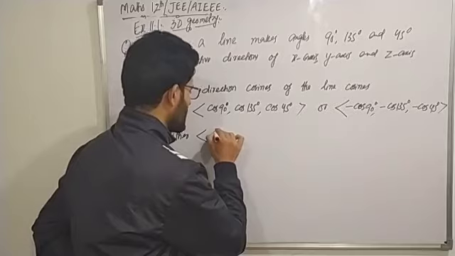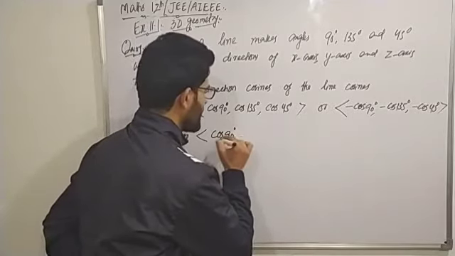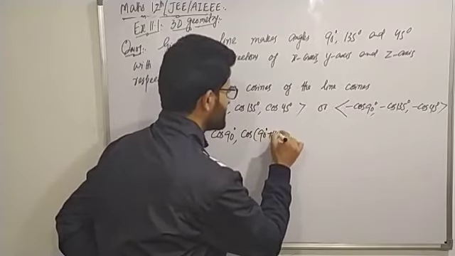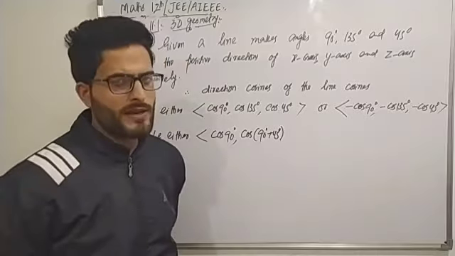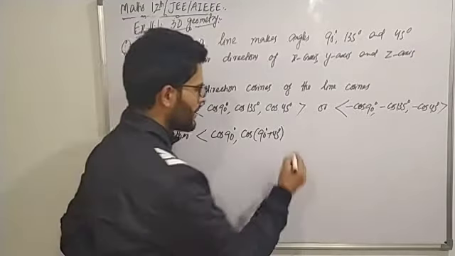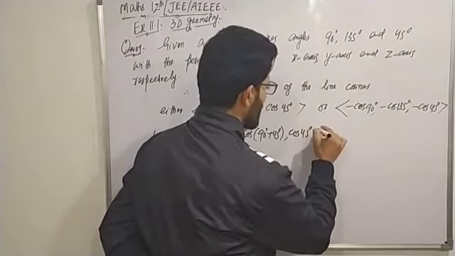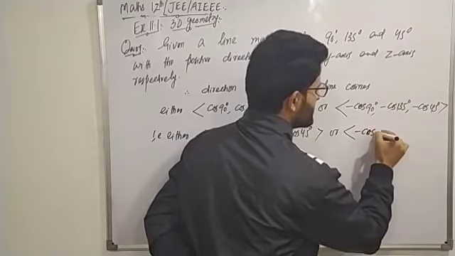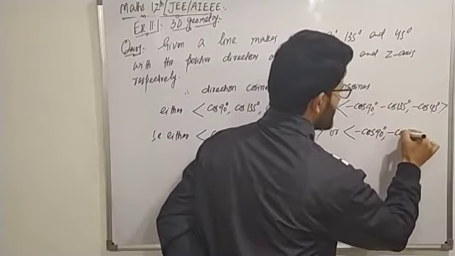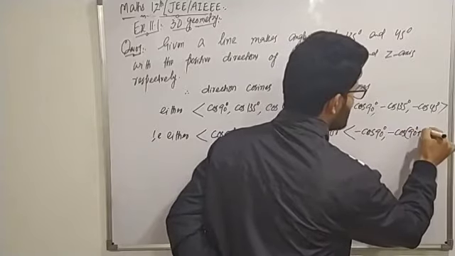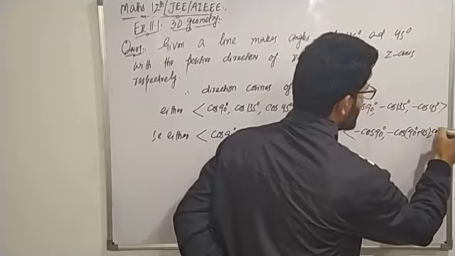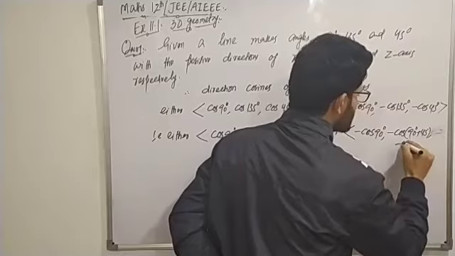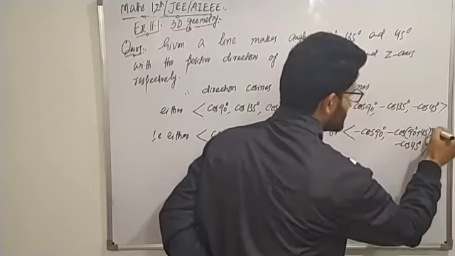How will we do it? We keep cos 90, and in place of cos 135 we write cos of 90 plus 45, because 90 plus 45 results in 135, and then cos 45. The same thing we apply here, that is minus cos 90, minus cos of 90 plus 45, and minus cos 45 degrees.